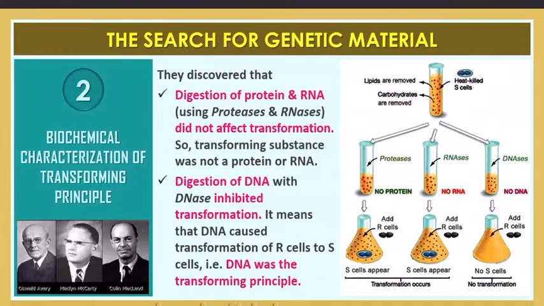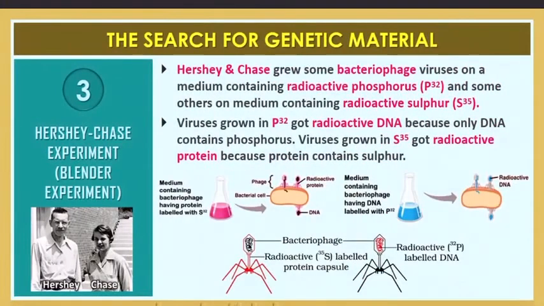So we said in Griffith's experiment that something transformed from heat killed S cells to R cells. What is that? That transformed DNA. When DNA transformed from heat killed S cells to R cells, they became S cells, transformed. And this experiment proved beyond doubt that DNA is the transforming principle.